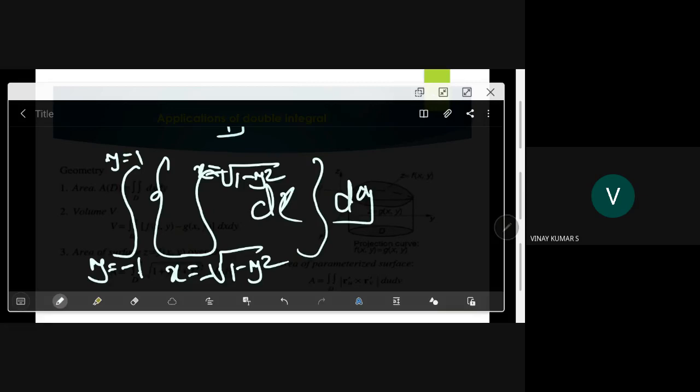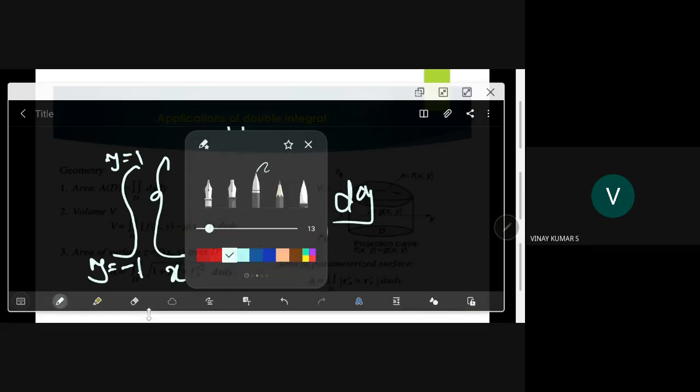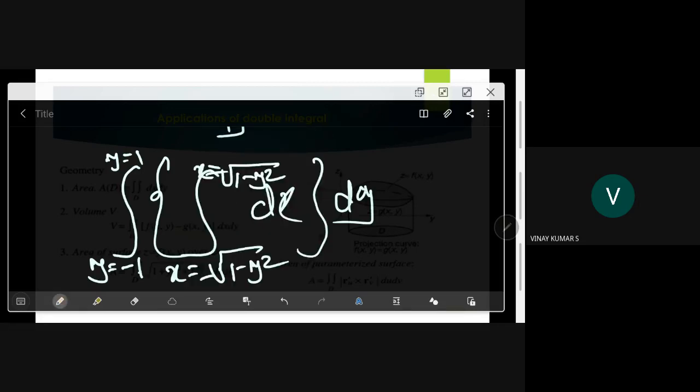But see how you will do the integration. When we go into the inner integral, the integrand is 1, a constant function, which is an even function. So we need not do much integration.